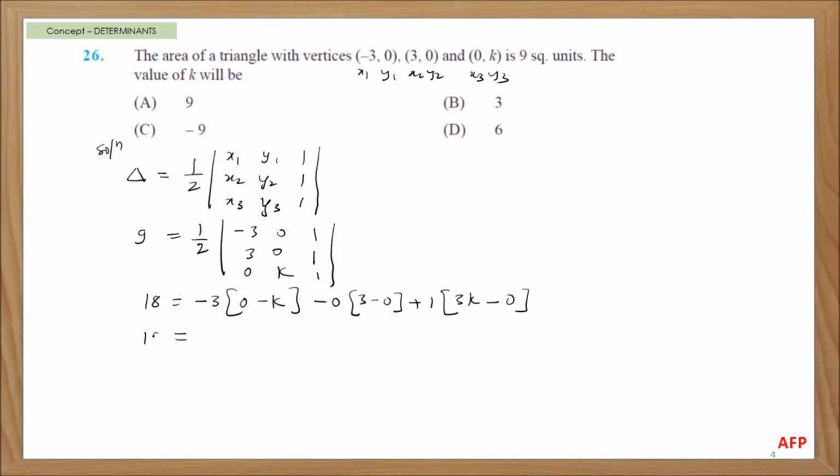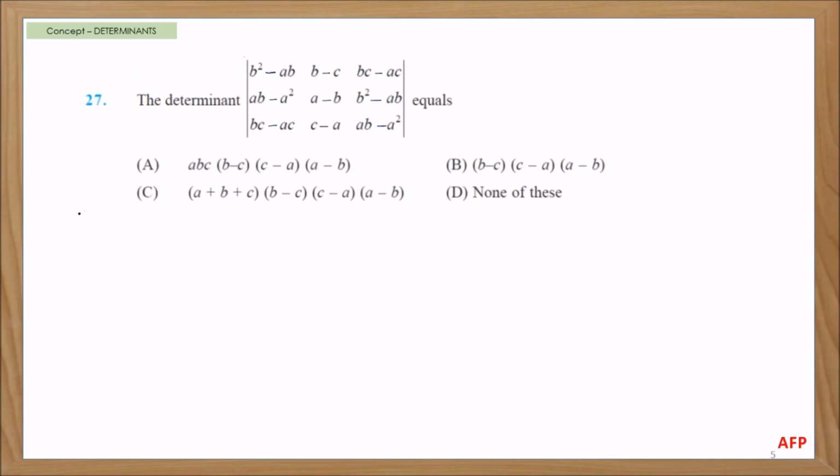So this implies 18 is equal to 3k. This term is entirely 0, plus 3k. So 18 equals 6k, which is nothing but 3k is the answer. K is equal to 3. Thank you. Next problem.